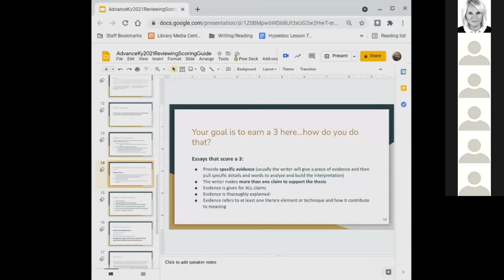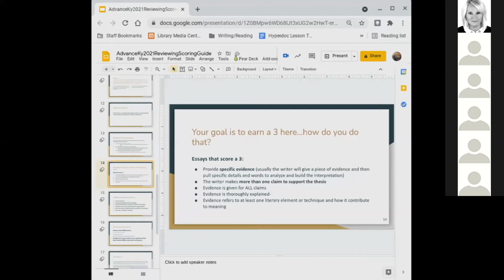You may say what two things are being compared in the simile, but you don't go further and explain why the comparison matters to meaning. Now, if you're only doing one sentence to follow through a piece of evidence, there's a good chance that you're also just restating or summarizing. So try to take it a little bit further and explain. Okay. Last bullet here.